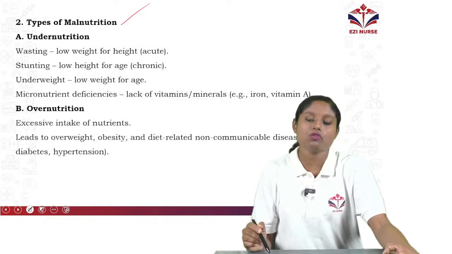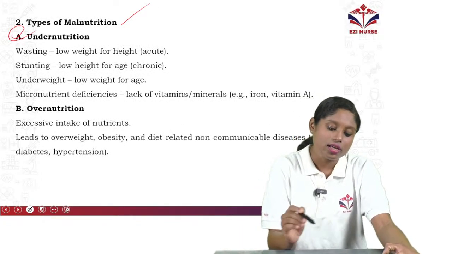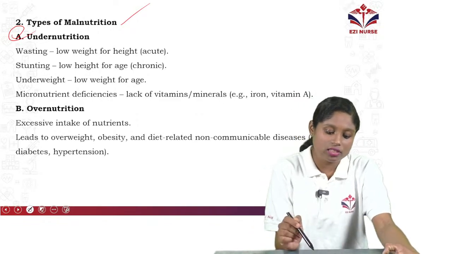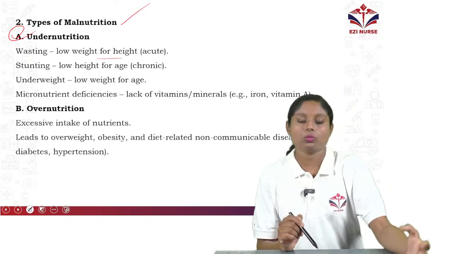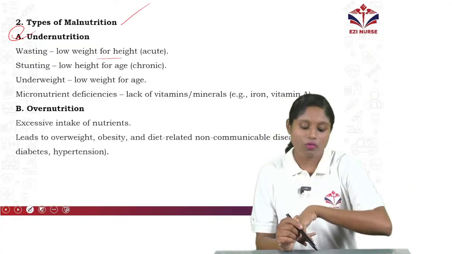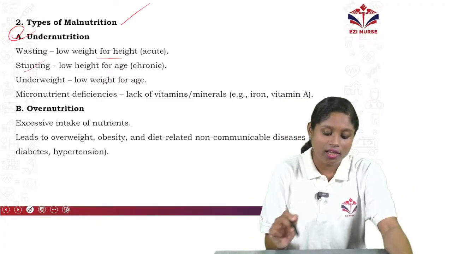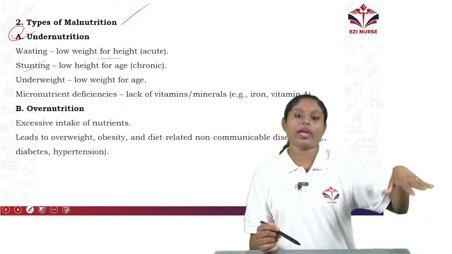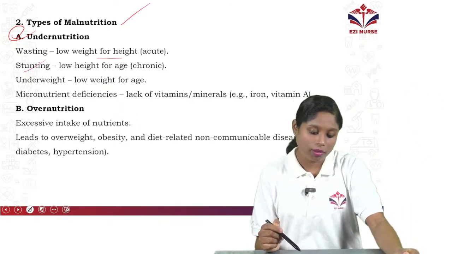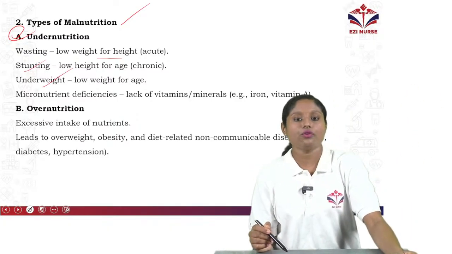What are the types of malnutrition? First one is undernutrition. Wasting, low weight for the height. Stunting, low height for age. Underweight, low weight for the age.